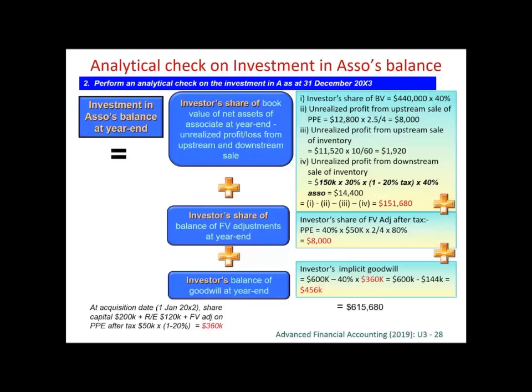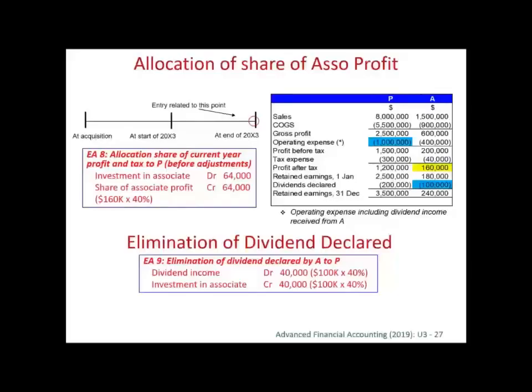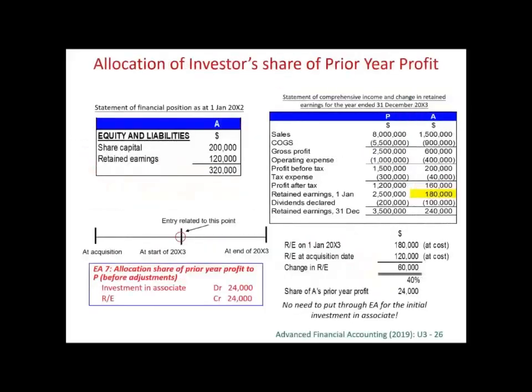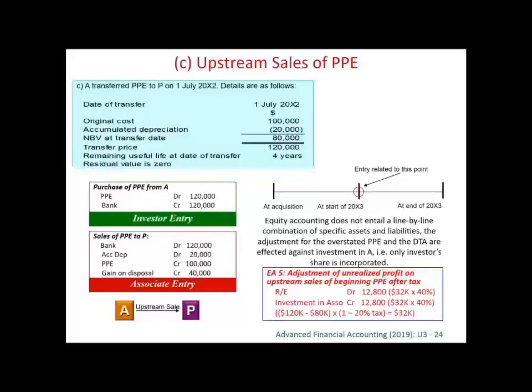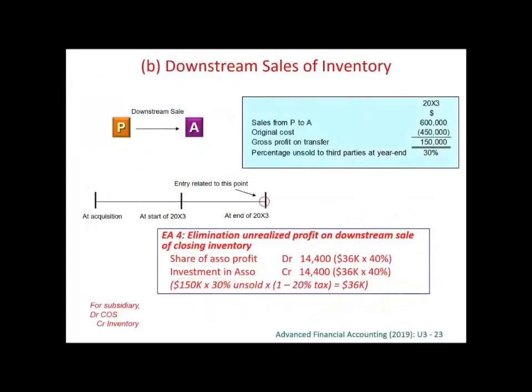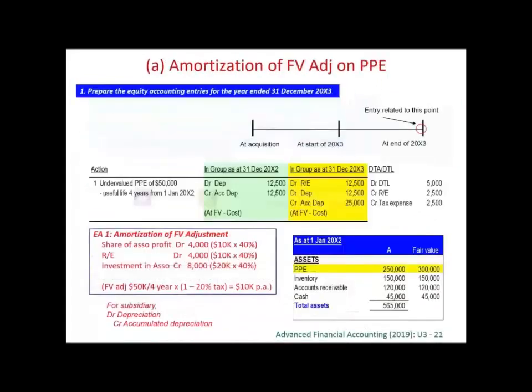Book value first. Usually, we can get the book value from the financial statement of the subsidiary or of the associate. For this, we get it from the financial statement of the associate because this is an associate. So we check the financial statement of this associate.